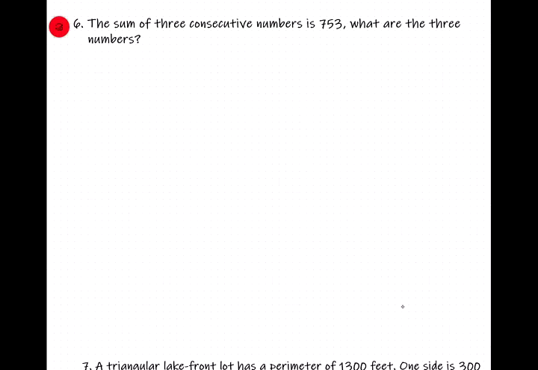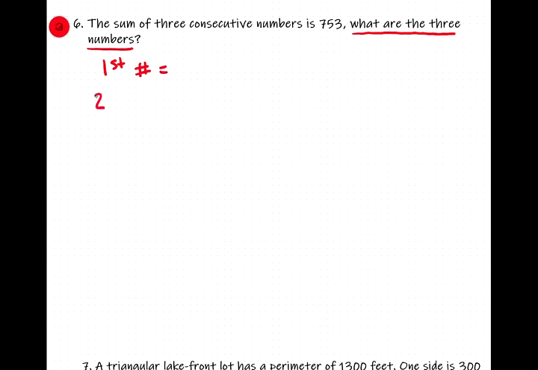All right, number 6. The sum of 3 consecutive numbers is 753. What are the 3 numbers? Just like in problem number 4, we have 3 unknowns here. We don't know the first number.